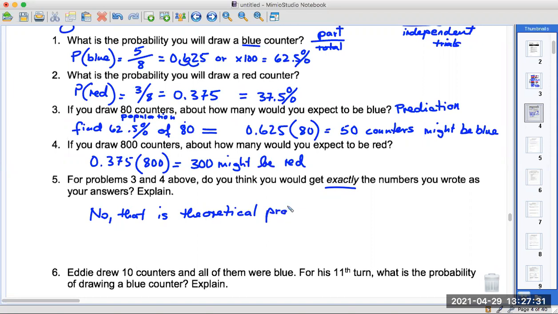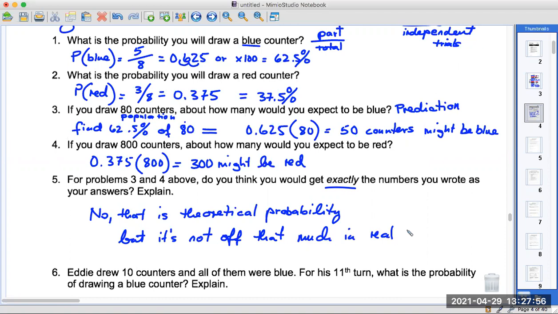In theory, the real life might be a little bit off, but it's not off that much. In real life, it'll be off a little.